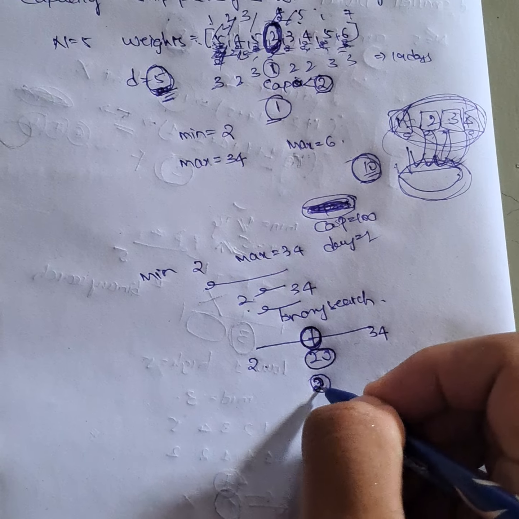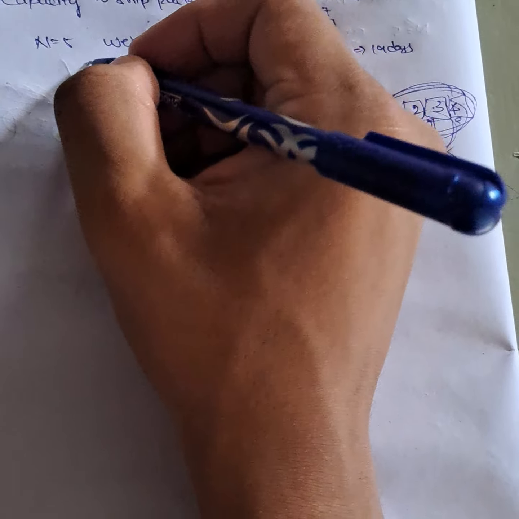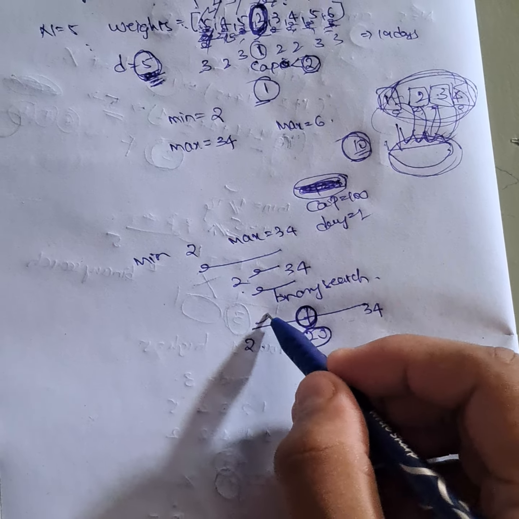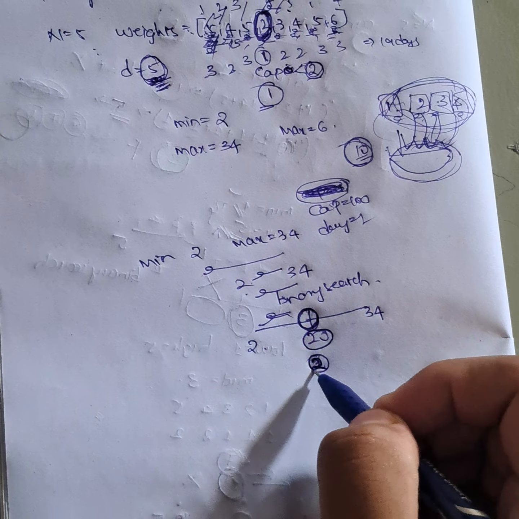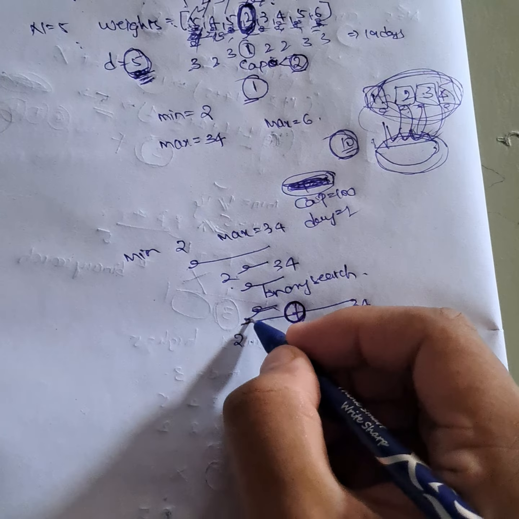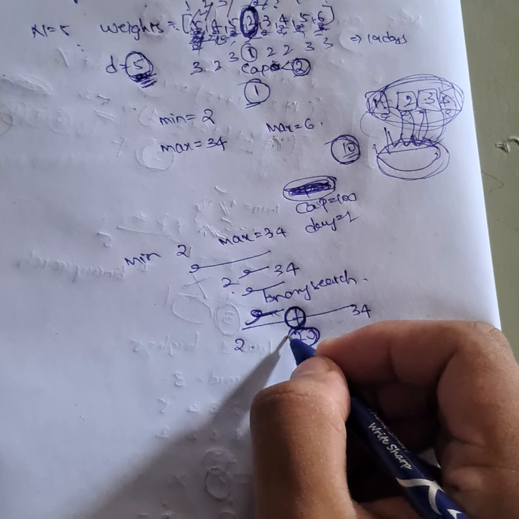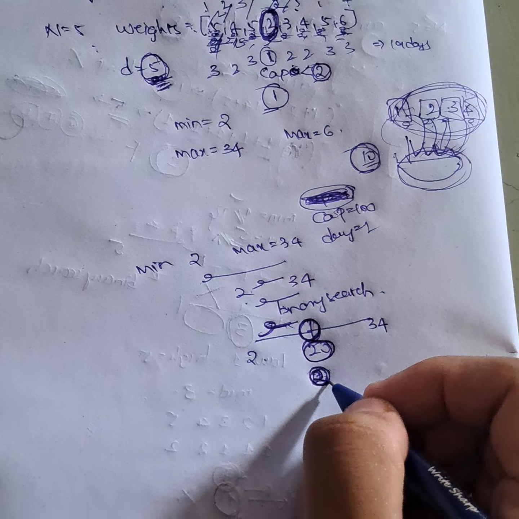We have a freedom of 5 days. If we have a capacity less than 20, it will definitely take more than 2 days.